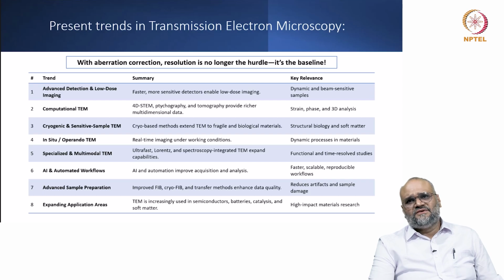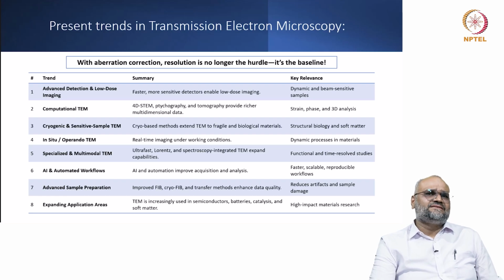Typically, you are using this for strain and phase. When I say phase here, please don't get confused with the metallurgical phase. It is actually the phase of the electron wave, and phase in turn is related to the electrostatic and magnetic potential from the specimen. You also have three-dimensional analysis, so this helps you overcome the projection limitation in a transmission electron microscope.